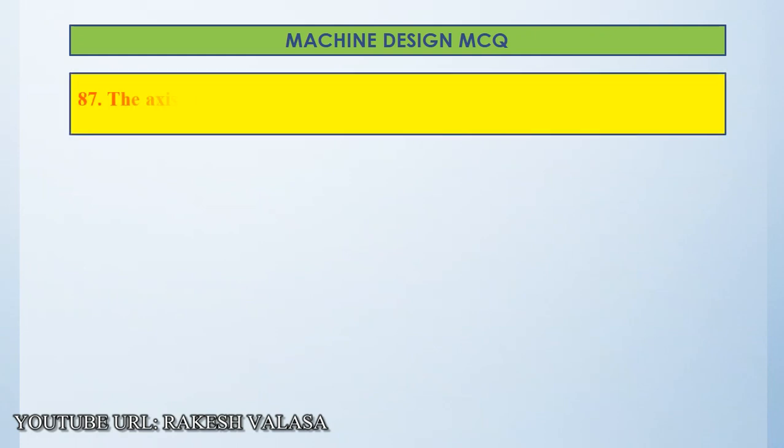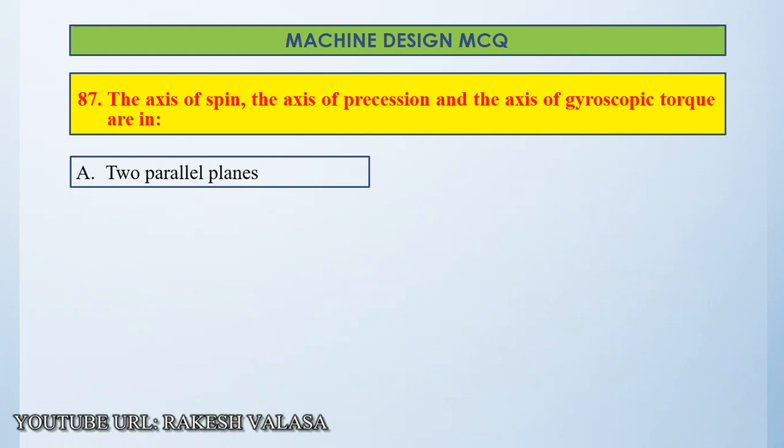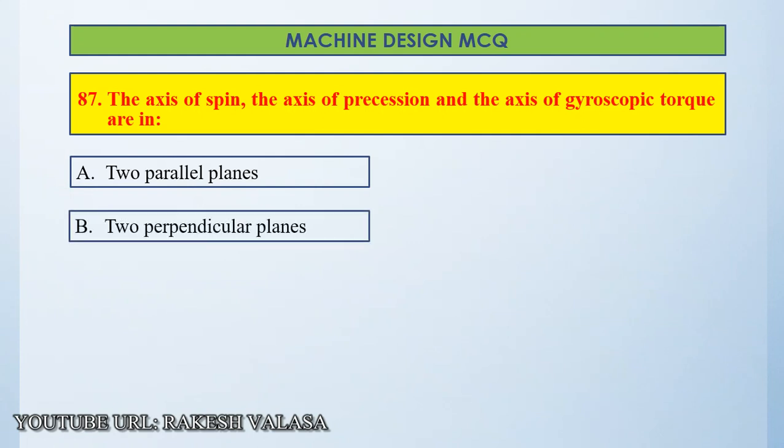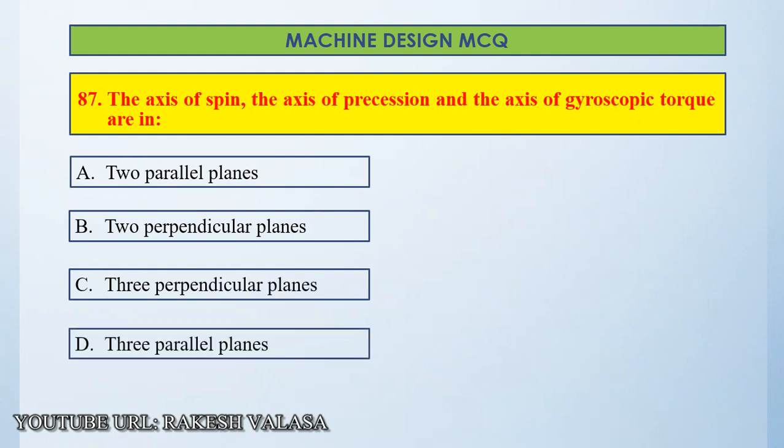Question number 87. The axis of spin, the axis of precession and the axis of gyroscopic torque are in option A two parallel planes, option B two perpendicular planes, option C three perpendicular planes, option D three parallel planes.